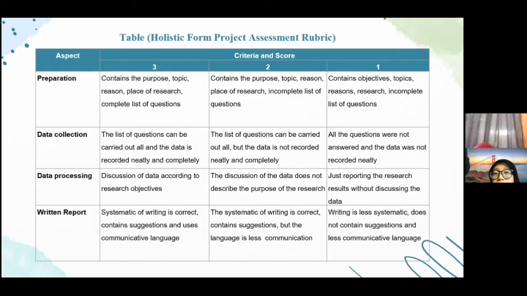We get the score 3. If the systematic writing is correct, content suggestion, but the language is less communicative, we get 2. And if writing is less systematic, does not contain suggestion, and less communicative language, we get 1.